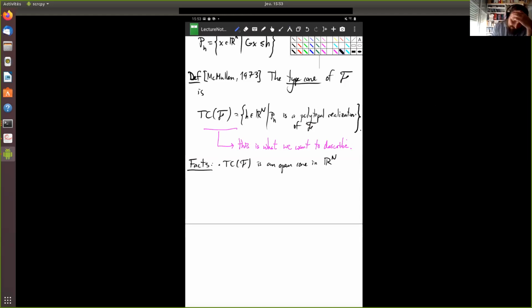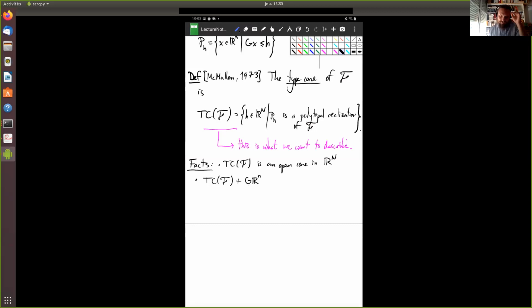Secondly, it contains a linearity space. It contains something big that's not very interesting. By this, I mean that if you look at the type cone and translate by any vector in here, recall that G is the matrix whose rows are the rays of the fan, the G vectors if you're in a cluster algebra.